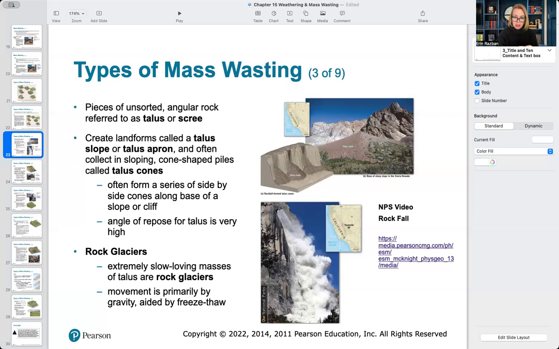As this ice melts, it removes the support that previously held loose rock in place. In some cases, accumulated talus can begin to move very slowly downslope, creating what we call rock glaciers. These are extremely slow-moving flows of talus caused by gravity and freeze and thaw cycles in these mountain regions. You can see excellent examples of rock glaciers in Colorado's San Juan Mountains.